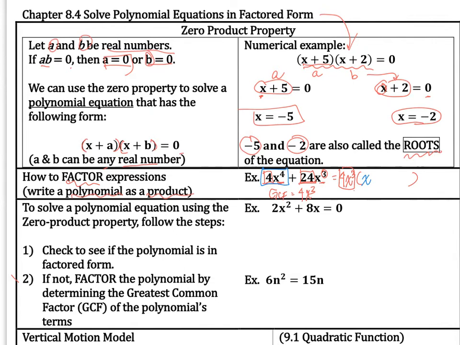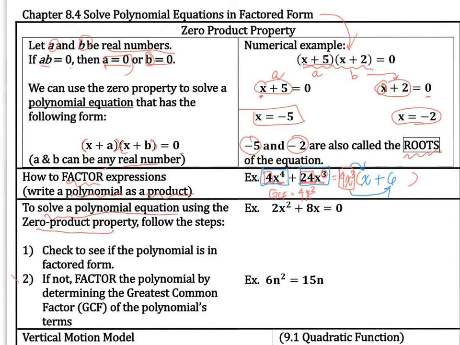This would be x, by the distributive property. And then I need to add 6, because 4x cubed times 6 would give me 24x cubed. Now that you learned how to factor expressions, we're going to learn how to solve a polynomial equation using the zero product property.